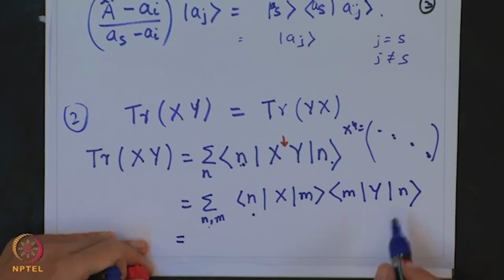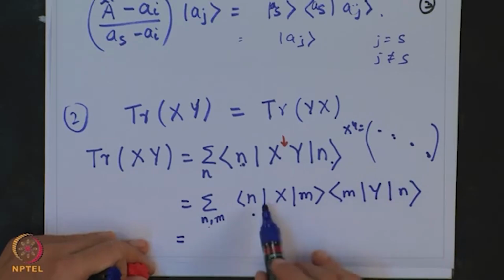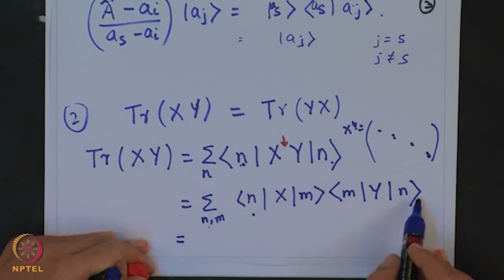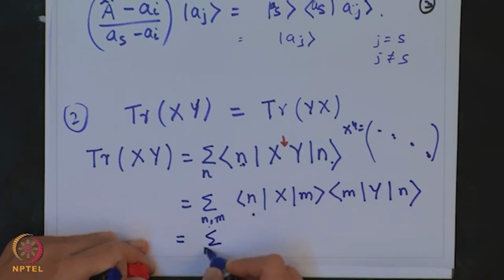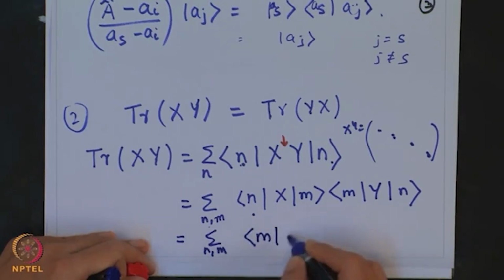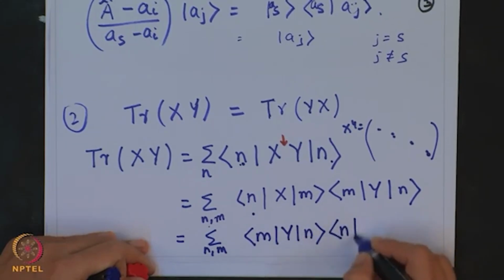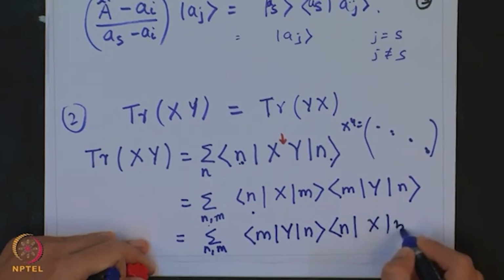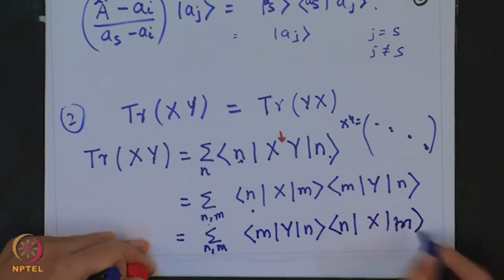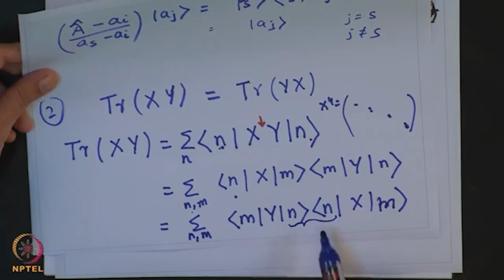So, in the next step what I do is I can actually flip this, because this is a multiplication. So, it will not matter if I just flip these dummy indices. This is now the projection operator, which is 1. Okay.